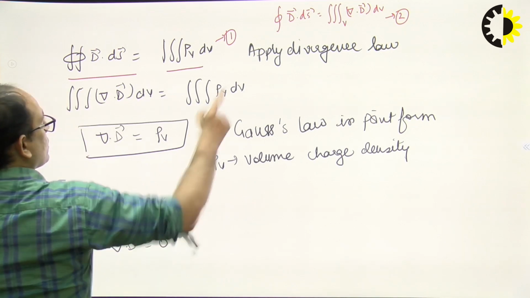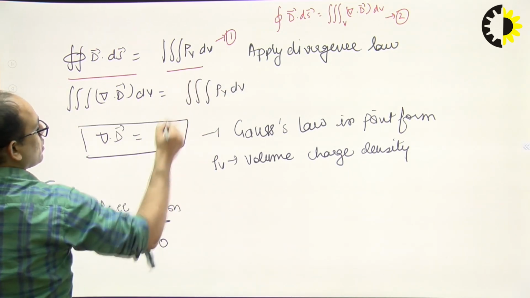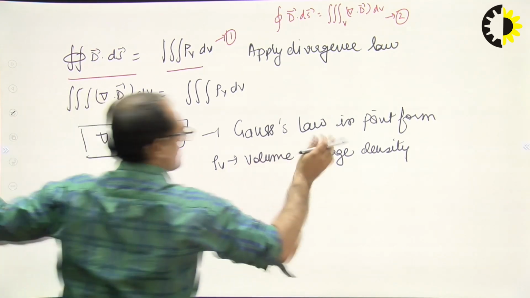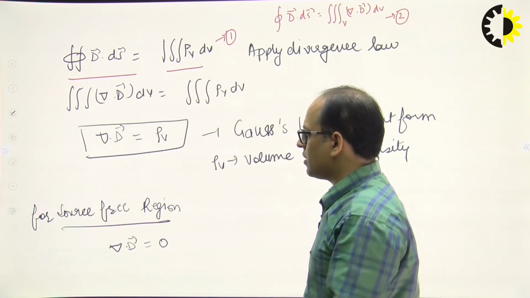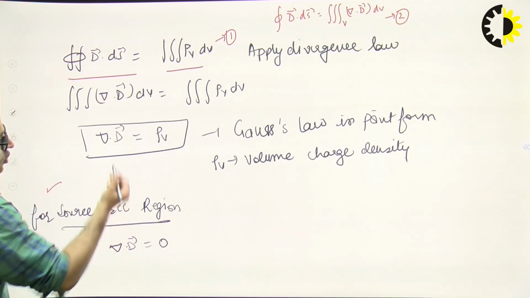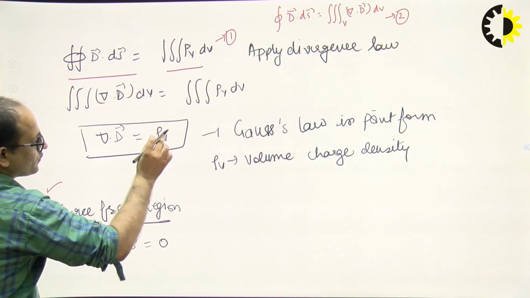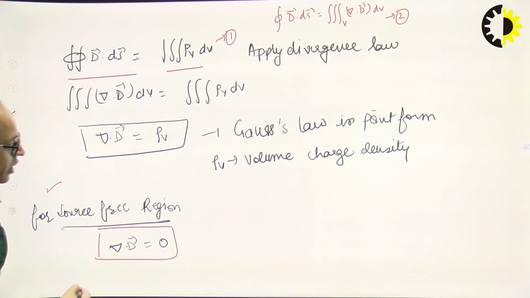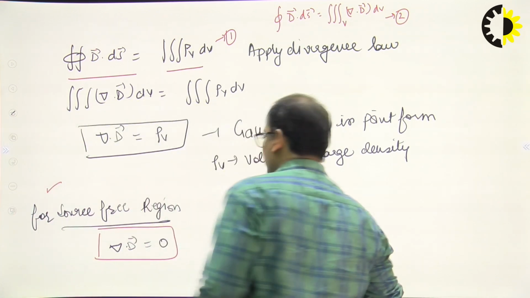We will see that del dot D comes out to be the volume charge density, and that is the Gauss law in point form, where rho v represents the volume charge density. For the source free region, rho v comes out to be 0, so del dot D vector is equal to 0.